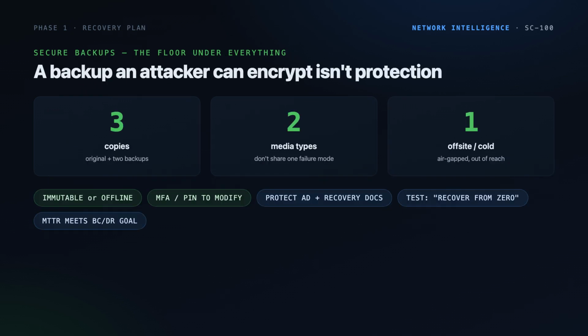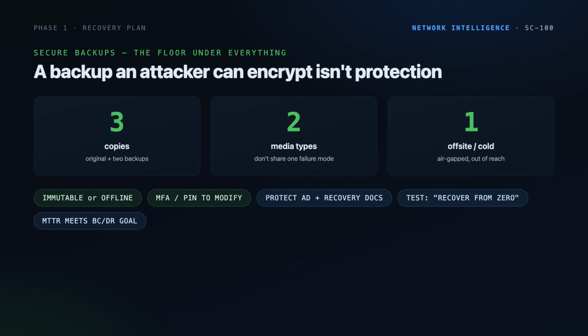Phase 1 rests entirely on secure backups. And a backup an attacker can encrypt or delete is not protection. Apply the 3-2-1 rule. 3 copies, 2 different media types, and 1 kept off-site or cold. Make the backups immutable or fully offline, and require an out-of-band step, multi-factor authentication or a PIN, before any backup can be modified.